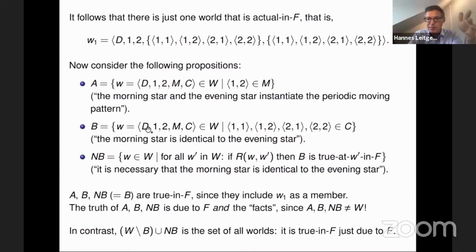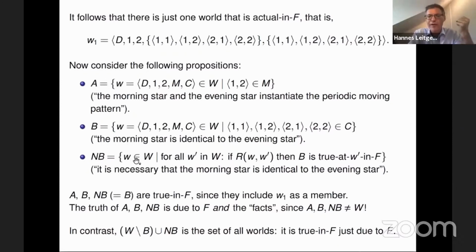Or here's another proposition B. You collect all the worlds where you have all the pairs from 1, 1 to 2, 2 in the congruence relation. So in colloquial English, we would say the morning star is identical to the evening star, and that's the proposition that is expressed by that. Okay, it's an identity proposition, as it were. And now you can necessitate that. Let's call that proposition NB.